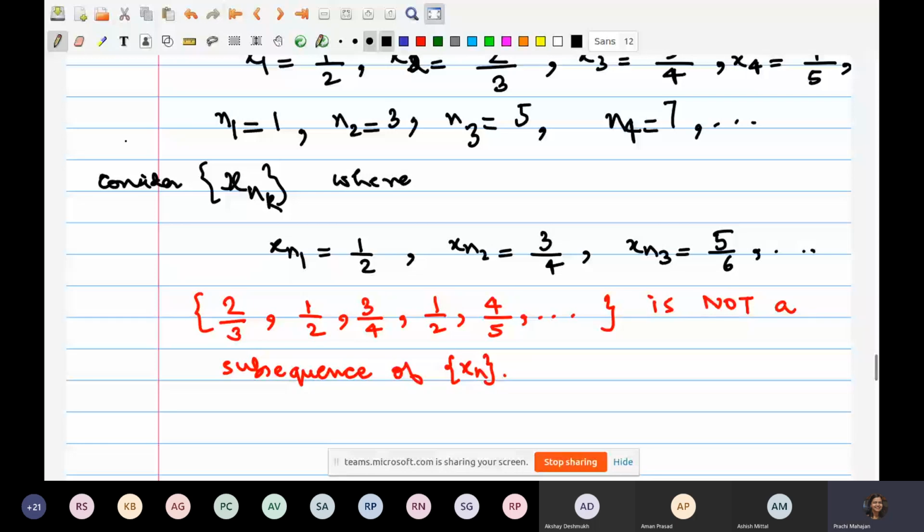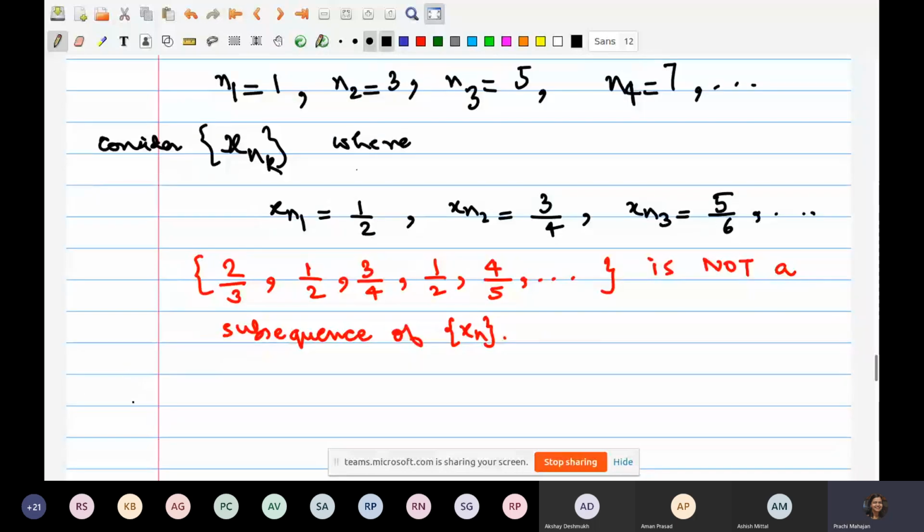The observation is, now n_k, with k running over the natural numbers, is a sequence of natural numbers. The claim is that n_k is always at least k.